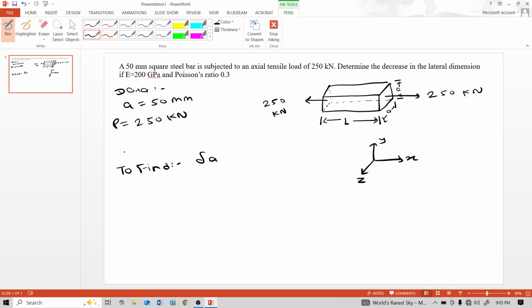E is equal to 200 GPa, gigapascal, and Poisson's ratio mu is 0.3. This P is 250 into 10 raised to 3 Newton. This kilonewton convert it into Newton, multiply by 10 raised to 3, and this gigapascal convert it into megapascal, multiply by 10 raised to 3.